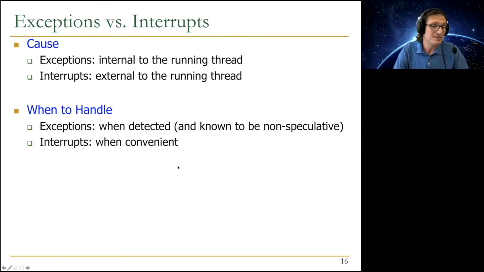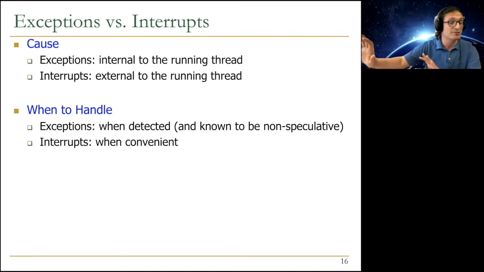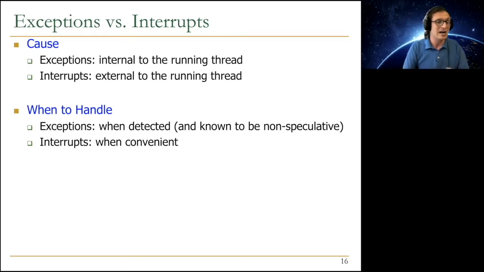But interrupts, you have a lot more slack actually. It's because interrupts are external. There's really no urgency from the perspective of the executing thread to handle them. There may be urgency from the perspective of the system, which is a totally different question, right? System may say, oh, I'm running out of battery, for example. I have to interrupt what's going on in the processor and save the state.